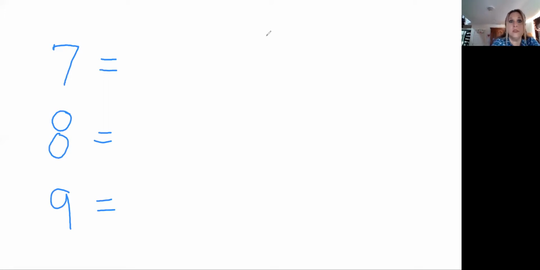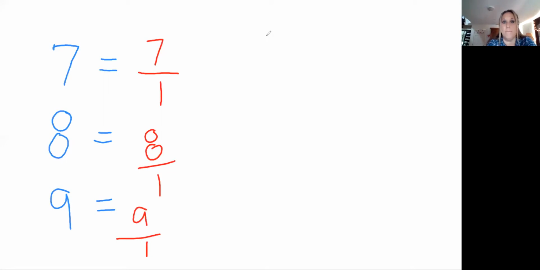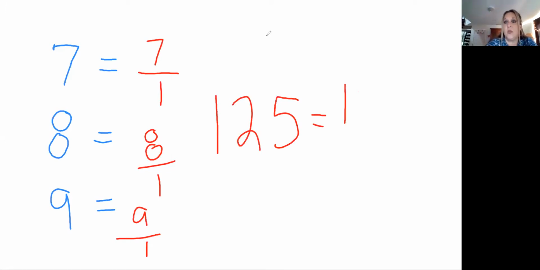So 7 wholes is the same thing as 7 over 1. 8 is 8 over 1. And 9 is the same thing in a fraction as 9 over 1. Okay, so the number 125 written as a fraction is 125 over 1. It doesn't change, no matter how big the number is.